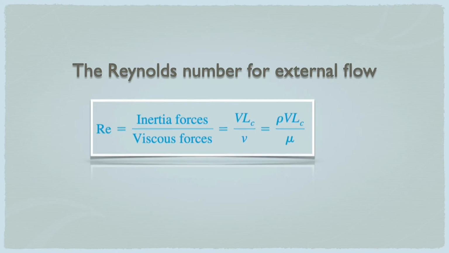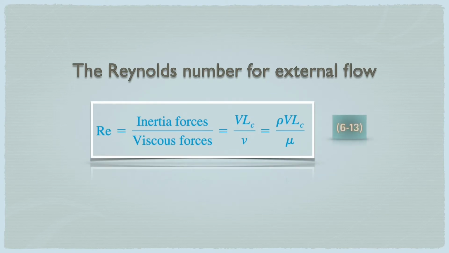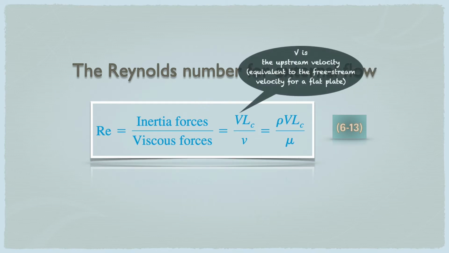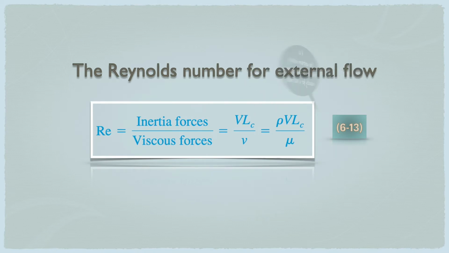The Reynolds number for an external flow is shown in equation 6.13. V is the upstream velocity, equivalent to the free stream velocity for a flat plate.